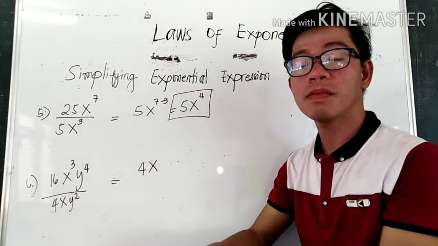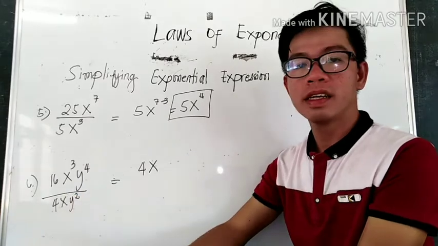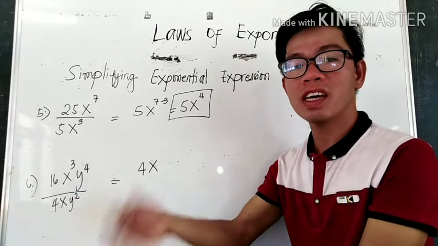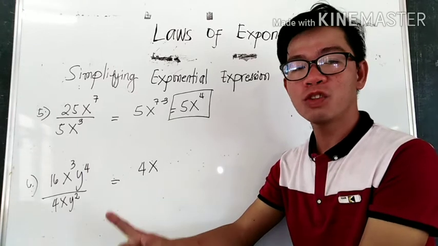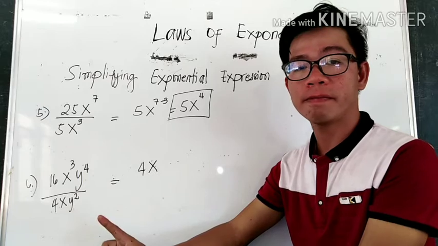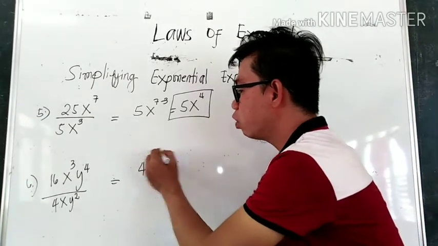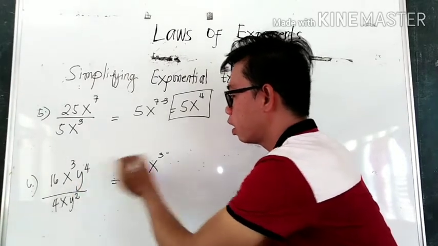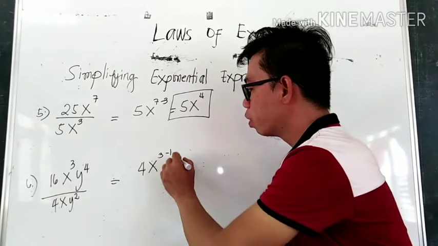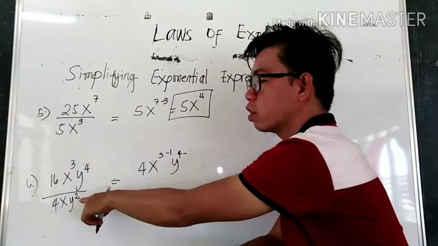Students often forget the 1 above the variable. When there is no exponent, it is understood that it has an exponent of 1. So we have 3 minus 1, then y, 4 minus 2.